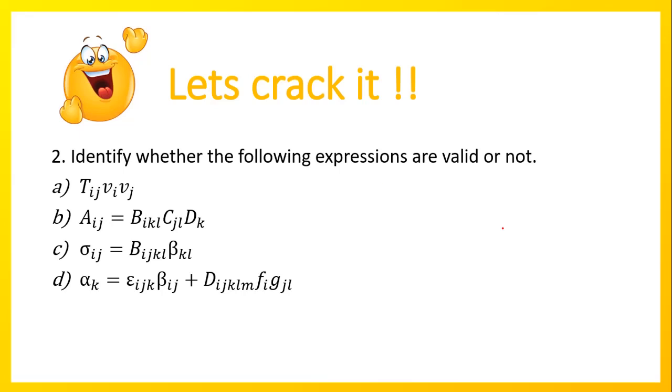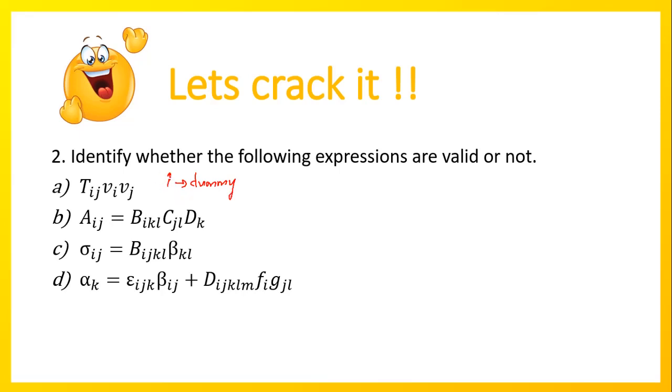Let's do another exercise. And here the exercise says find if the expressions are valid or not. And we are given 4 different expressions. Let's check the first expression. Here in the first expression, we have I appearing twice. That is, I is a dummy index.